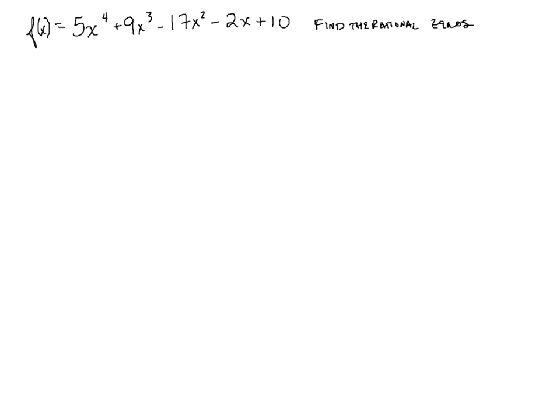Okay, let's get going with this. The first thing we want to do is determine how many possible positive and negative rational zeros we're going to have. That has to do with Descartes' rule of signs.